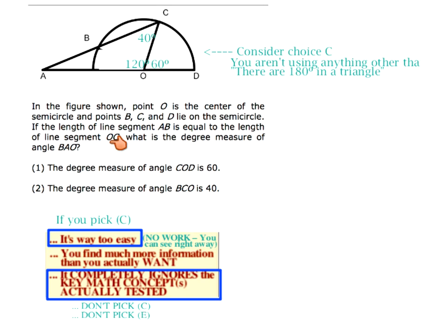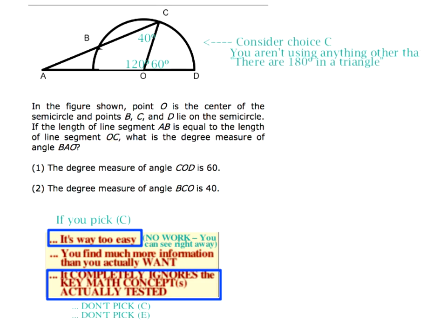Okay, you're not using AB and OC. You're not using that, but even more importantly, you are totally not using what shape that must be there for some kind of reason. You're not using the circle. So if you pick choice C here, that is what should make the biggest impression on you right away. You should be like, uh-oh. If I do this, I am totally ignoring the circle.